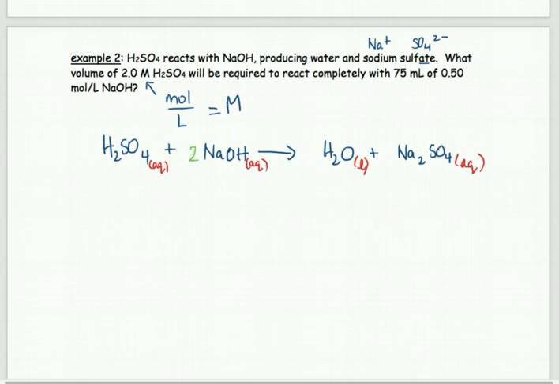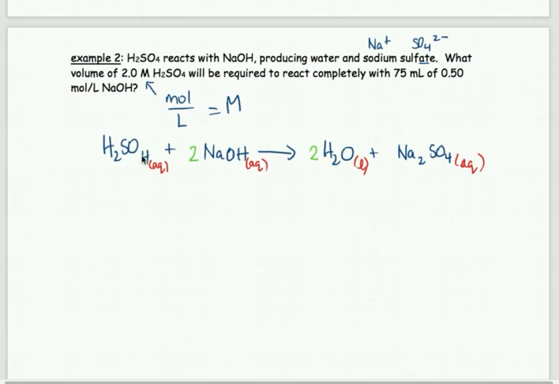All right, and then let's see how many hydrogens. We have 2 here, and then we have 2 here, so that's 4 on this side. So we have only 2 here, so I'm going to put another 2 here. So now I have 4 hydrogens, 4 hydrogens, 2 sodiums, 2 sodiums.